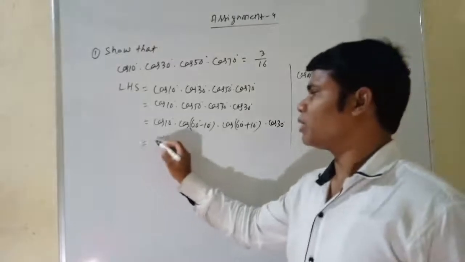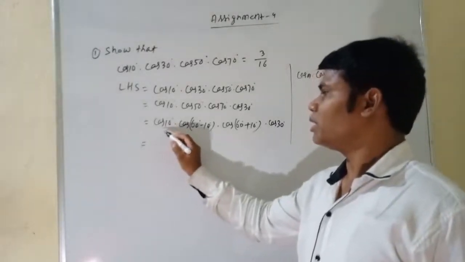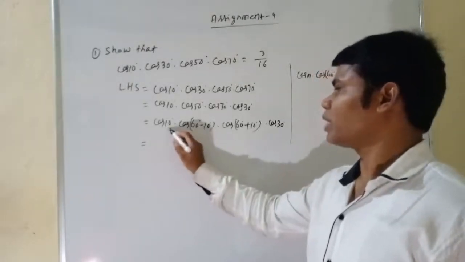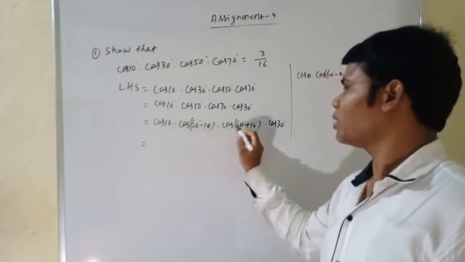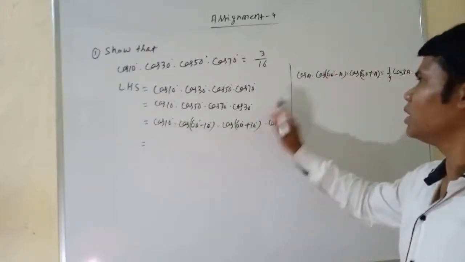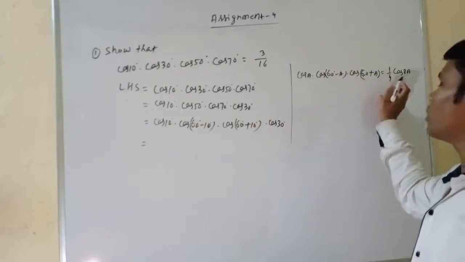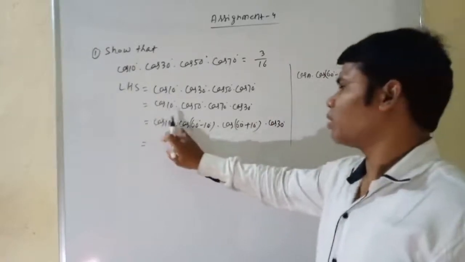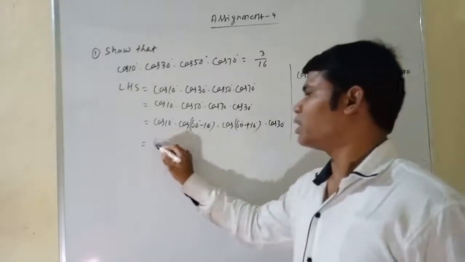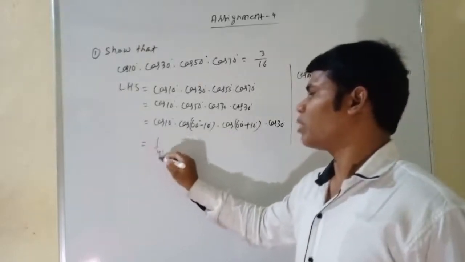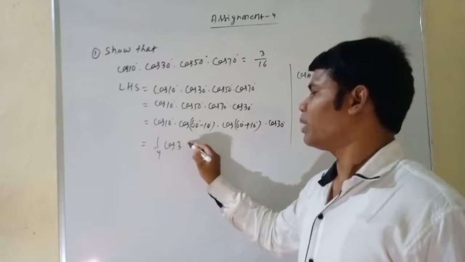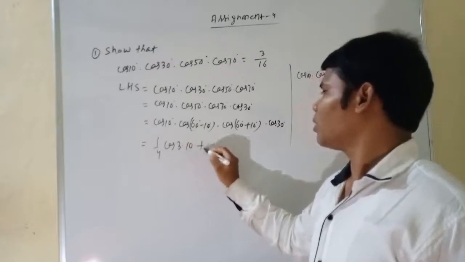You see, this is cos 10, cos 60 minus 10, cos 60 plus 10. You compare this with cos A, cos 60 minus A, cos 60 plus A is equal to 1 by 4 cos 3A. That means up to this much, that is 1 by 4 cos 3A, where A is equal to 10 degree.